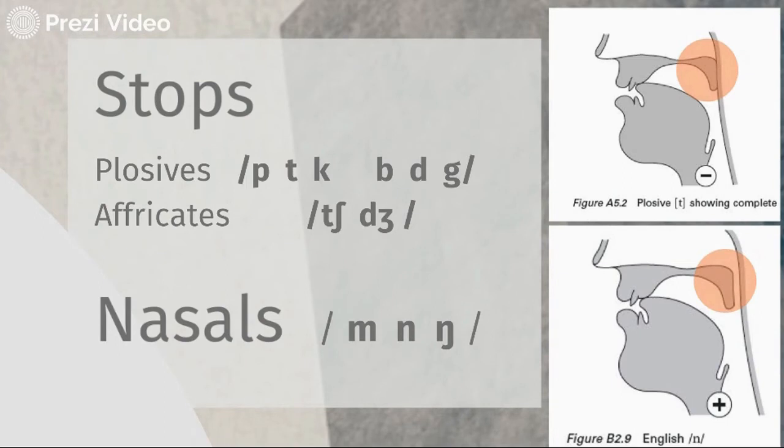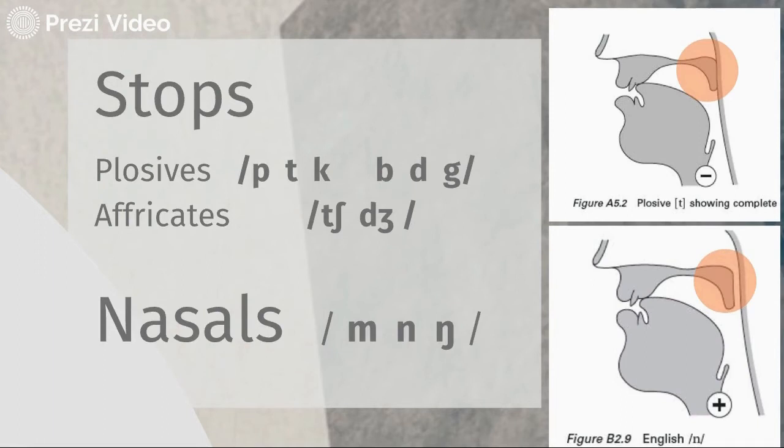The term nasal derives from the name of the resonating cavity through which the air passes. It's the nose. And if you take a look at the picture below that shows the articulatory setting of the English consonant n, then you'll find that the soft palate is lowered. That means that the air from the lungs comes out through the nose and not the mouth.